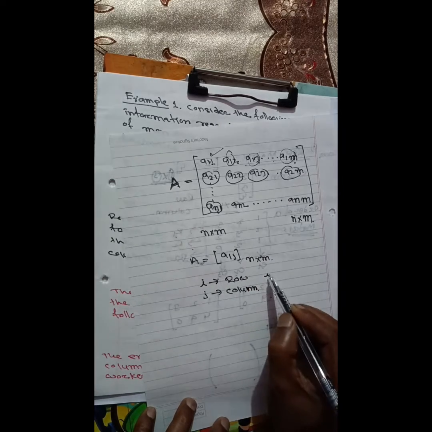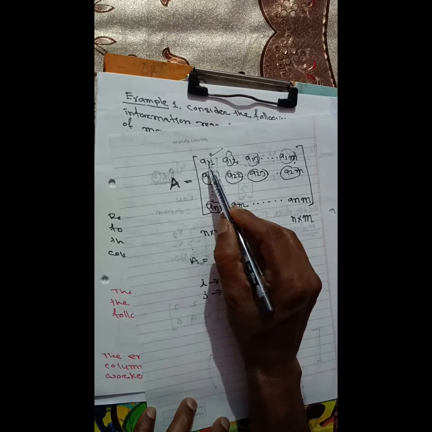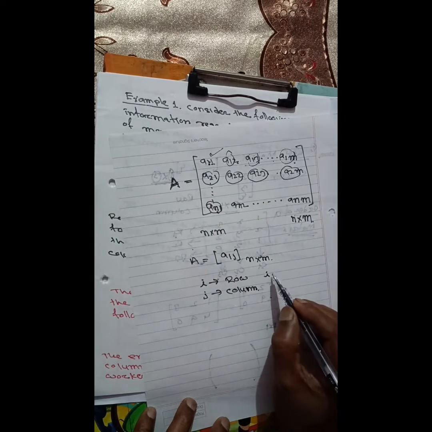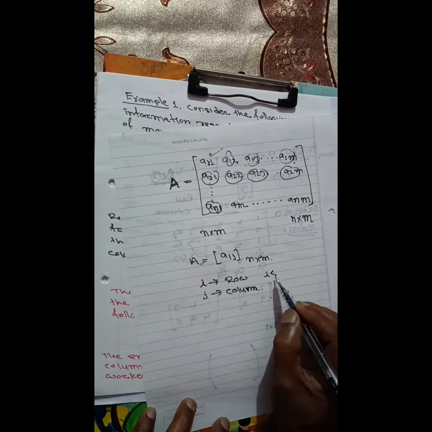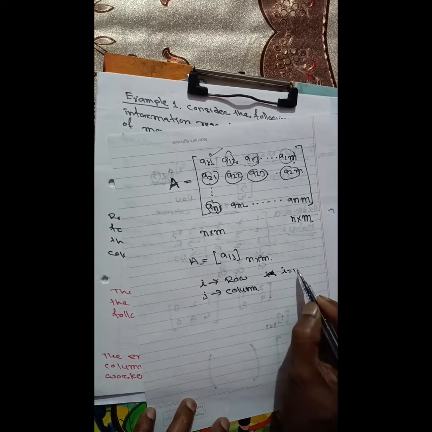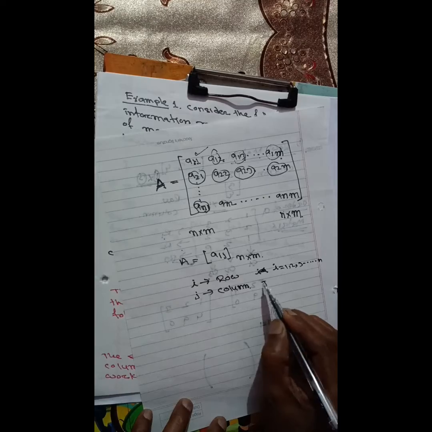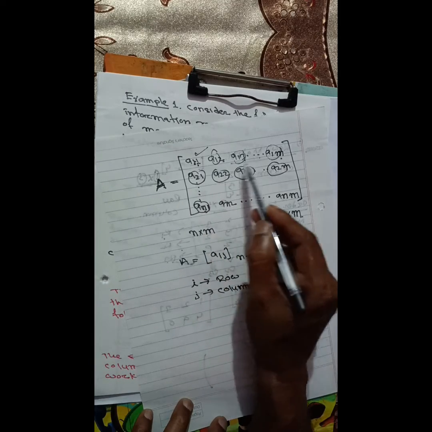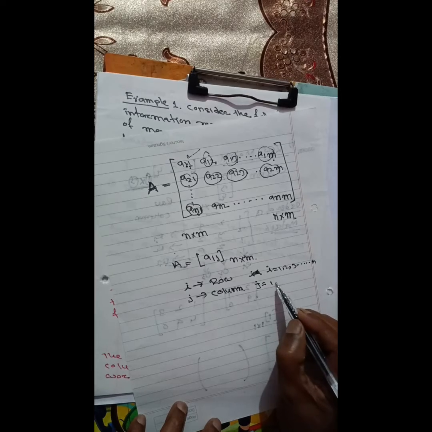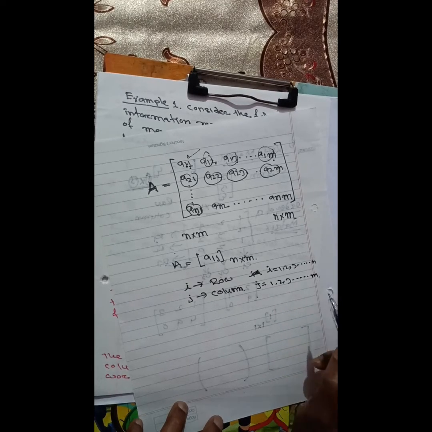Here i goes from 1 to n, that is i goes 1, 2, 3, dot dot dot, n, and similarly j goes to m: 1, 2, 3, dot dot dot, m.